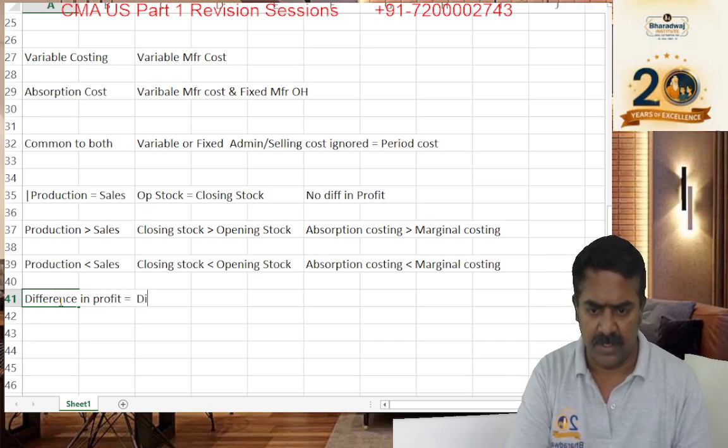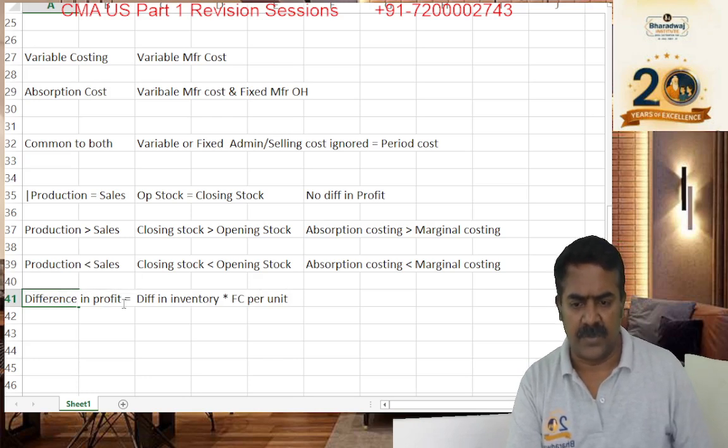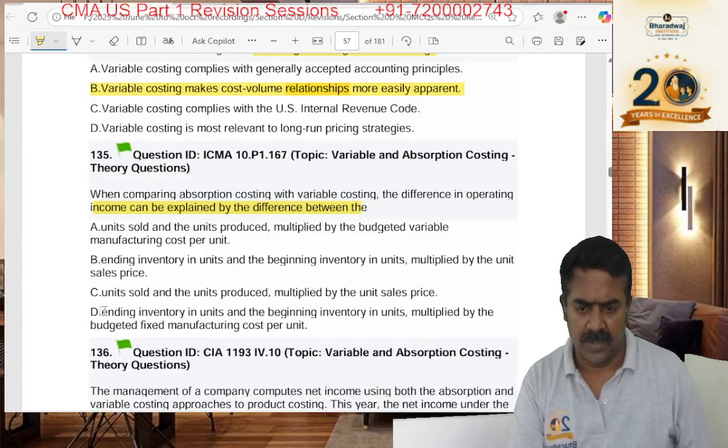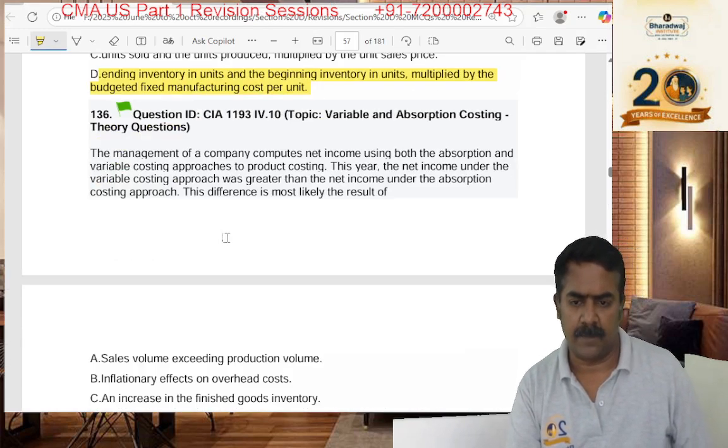It is equal to difference in inventory into fixed cost per unit. This will give us the difference in profit. Ending inventory and beginning inventory difference multiplied with what? Fixed cost per unit.